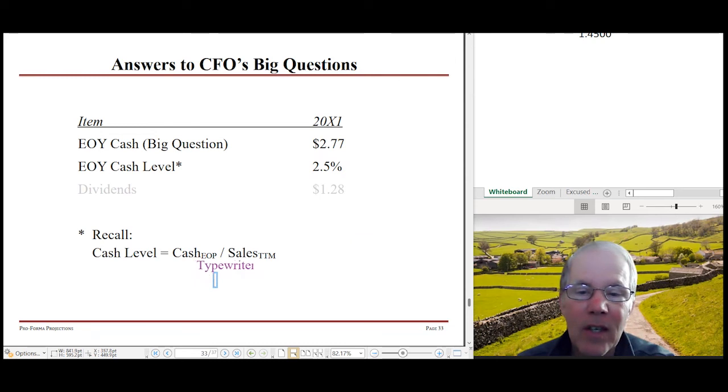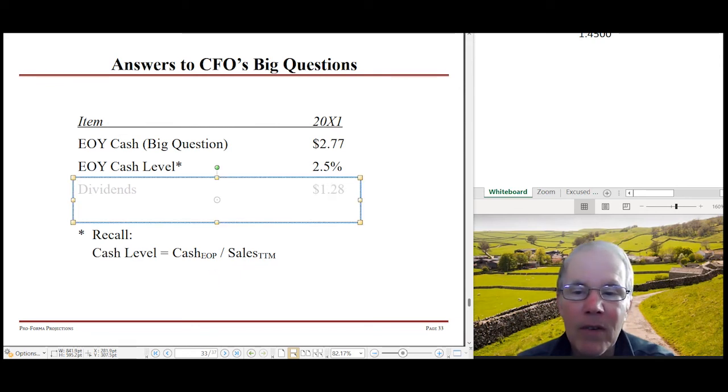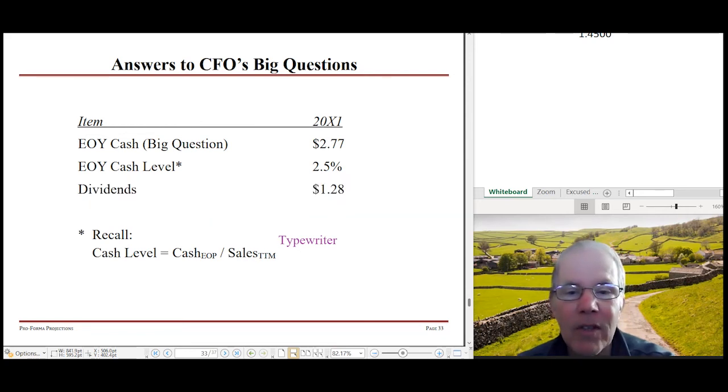That's the cash at the end of the period divided by the sales in the current year. So that's a lot less than she wants. She wants 5, it's down to 2.5. And she also asked what the amount of dividends is that we're going to have to give out. That's 1.28 million to the shareholders.